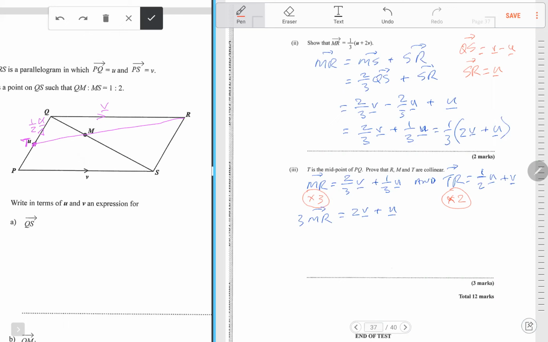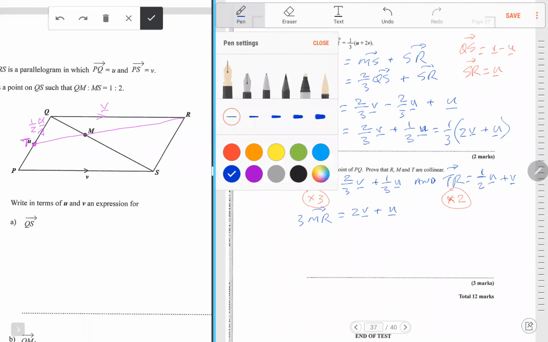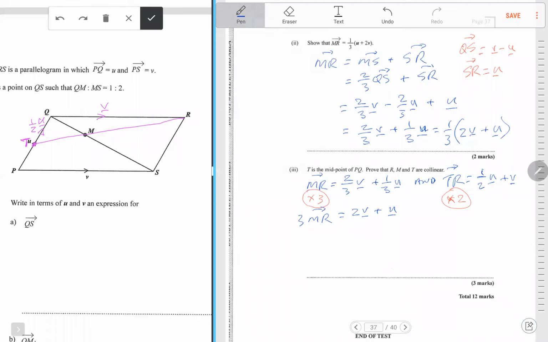You want to show that one is a multiple of the next and that there's a common point. So when you multiply this one by 2, you're going to get 2TR equals U plus 2V.